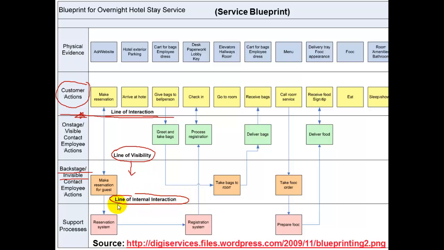And also there's a line of internal interaction. Below this line usually represents the kind of systems or supporting processes that will be used. And in service design, we certainly want to pay extra attention to the activity performed by the frontline worker. In this modeling, what's unique about it is we also try to identify the action or activity from the customer's perspective.